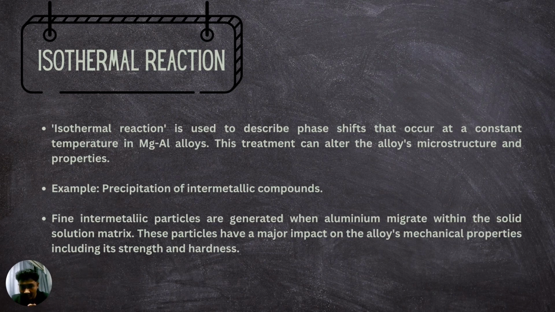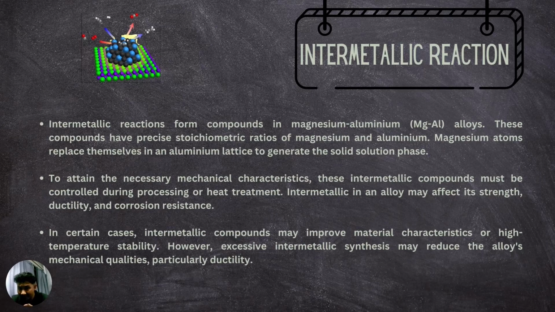The isothermal reaction is used to describe the phase shift that occurs at a constant temperature in alloys. This treatment can alter the alloy's microstructure and properties, for example, precipitation of intermetallic compounds. For the intermetallic reaction, the function is to attain the necessary mechanical characteristics.